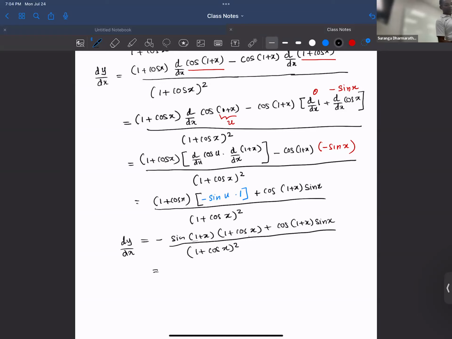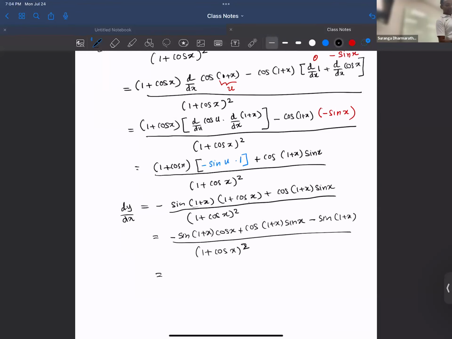You can write negative sine(1 plus x) cosine x plus cosine(1 plus x) sine x, minus sine(1 plus x), divided by (1 plus cosine x) squared.